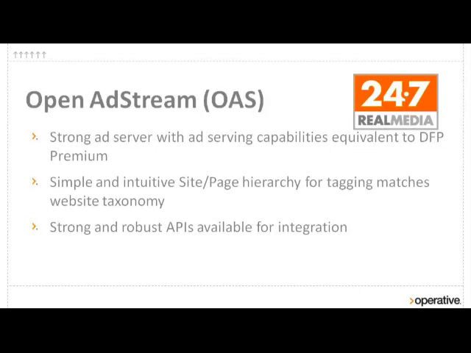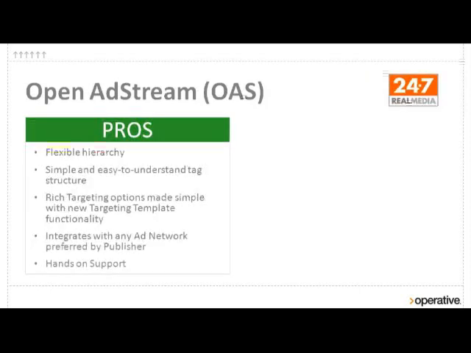One of the points of differentiation for OpenAppStream is the intuitive and simple tagging, like page hierarchy that matches a website taxonomy and makes it really easy to see what's what. And again, they have good APIs for integration purposes.